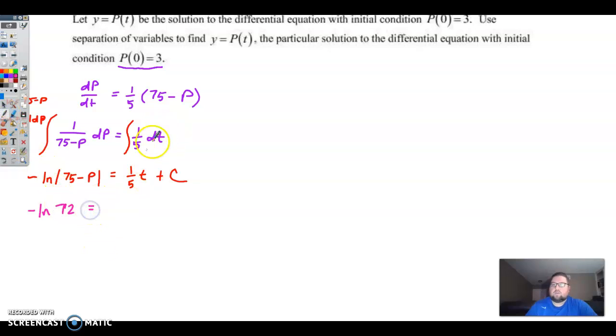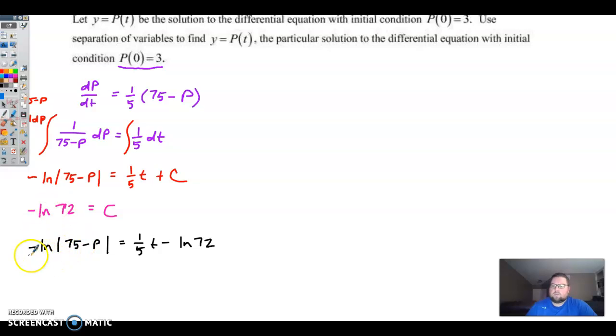All right. And then plugging in 0, so that's just going to cancel that t term out. So c is equal to negative natural log of 72. All right, so now we have negative natural log of 75 minus p with our absolute value bars is equal to 1/5 t minus natural log of 72.